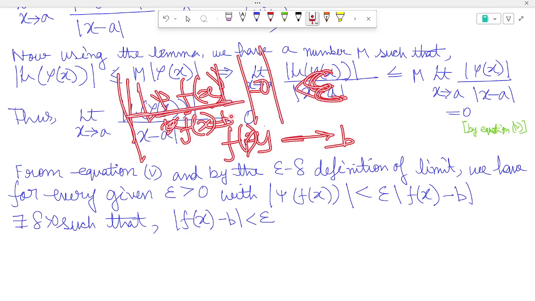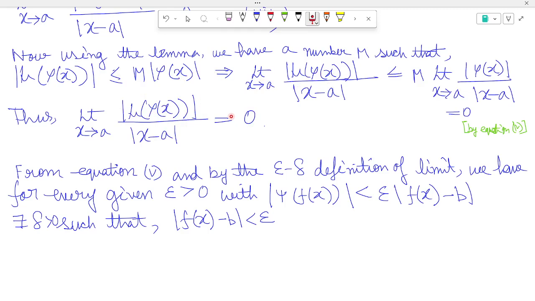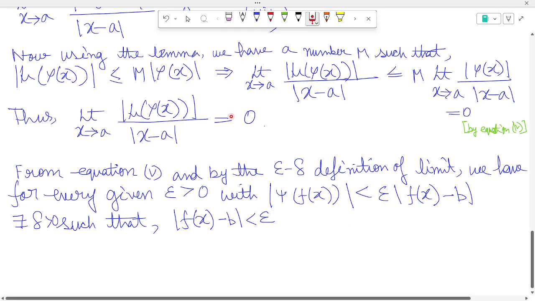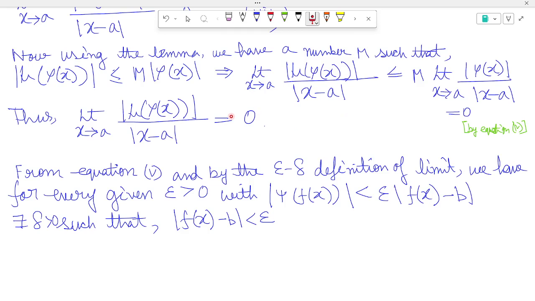The modulus will not be effective because they are already positive. So this will break down, and I am multiplying both sides by this. But also the limit is here, y tends to b. So y you can treat as f(x) for now, for instance. So I will get this thing.